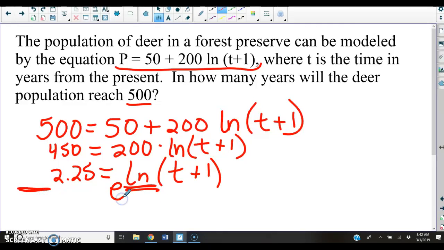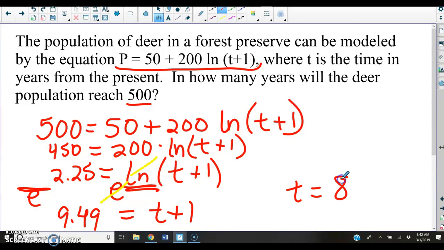So I have to use that e to get rid of that natural log here on the right-hand side. Okay, so when I take the e to the 2.25, I get about 9.49. It's 9.4877. It keeps going. Okay, and then all I'd have to do is subtract 1. So the time they're talking about is 8.48 years, 8.49 years.